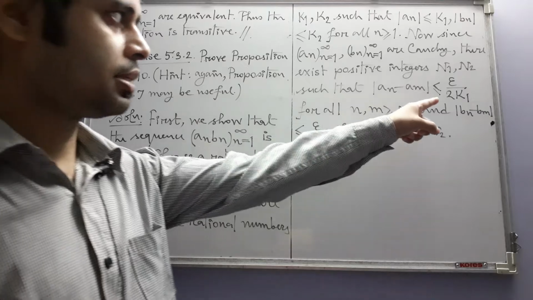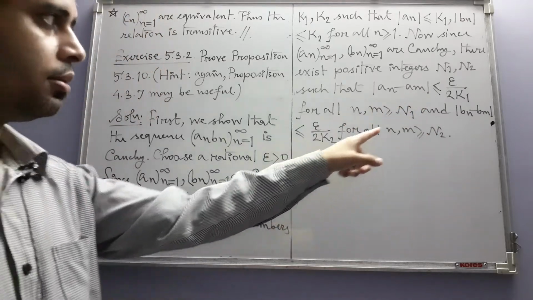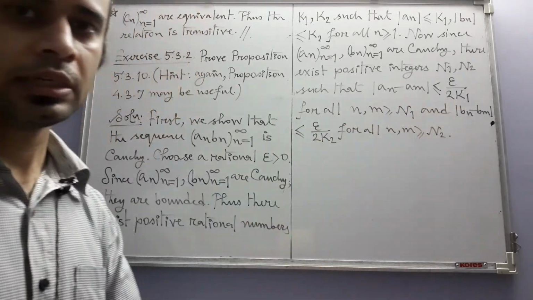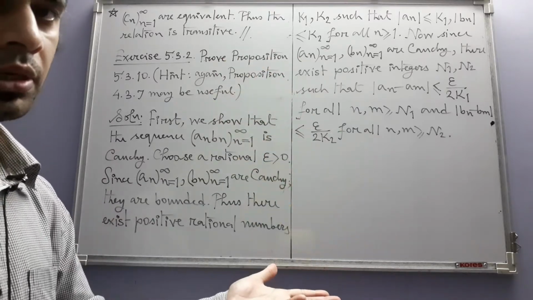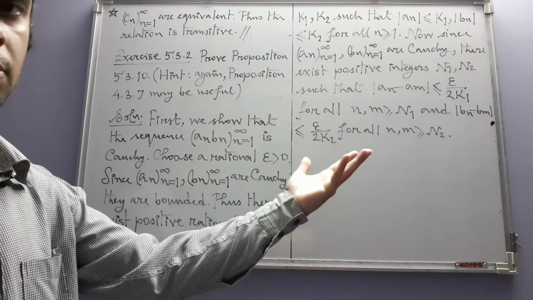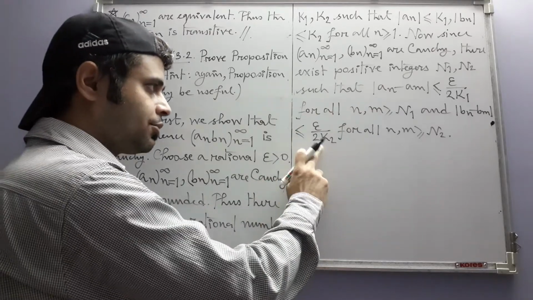Note that these choices can also be made. That's because k1 is a positive rational, so epsilon divided by 2k1 is also a positive rational, for which we can write this condition like that for this one also.